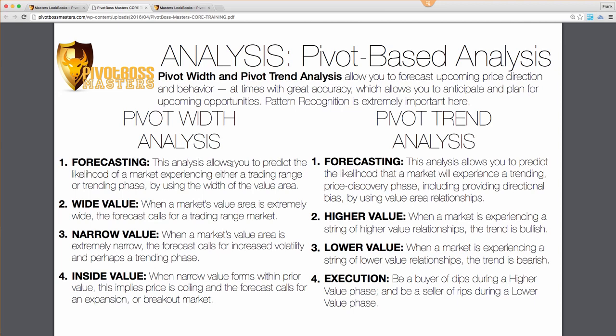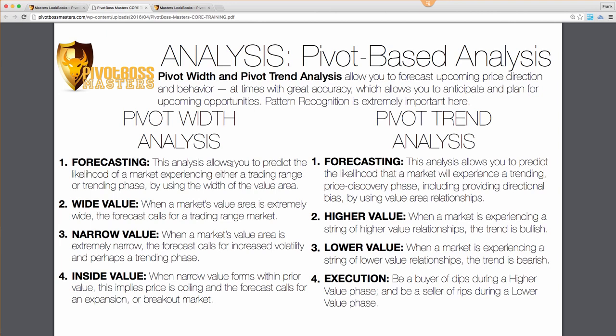So really, pivot-based analysis with regards to width analysis and trend analysis might as well be pivot shape analysis, almost like volume profile shape analysis, because you're doing the same type of relationships. And again, it all comes back to pattern recognition. So with regards to pivot width analysis, the ability to forecast with it is very important, because this form of analysis allows you to predict the likelihood of a market experiencing either a trading range or trending phase by using the width of the value area.